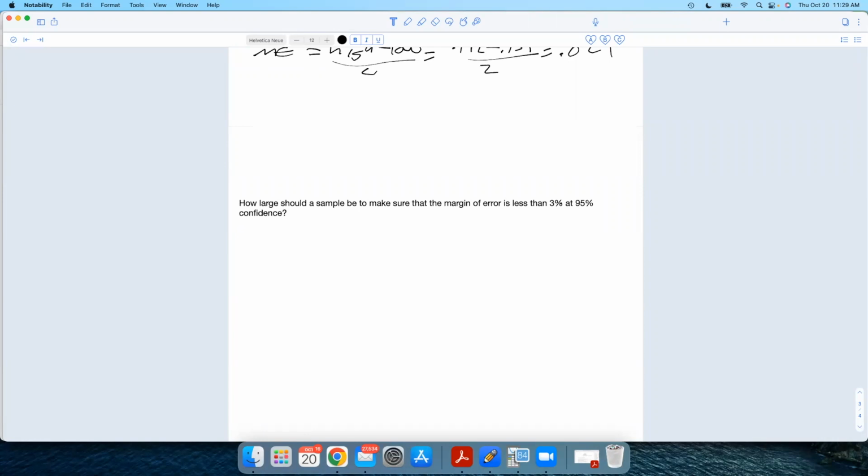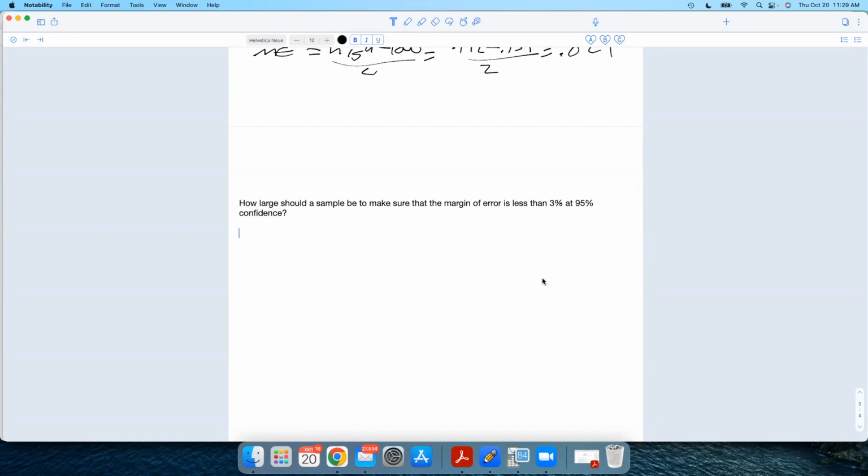Candidate A is leading candidate B by 7 percentage points, plus or minus 3%. That 3% is picked on purpose. They pick a particular sample size to make sure they're going to get a margin of error of 3% or less. And here's the math they go through to do that.